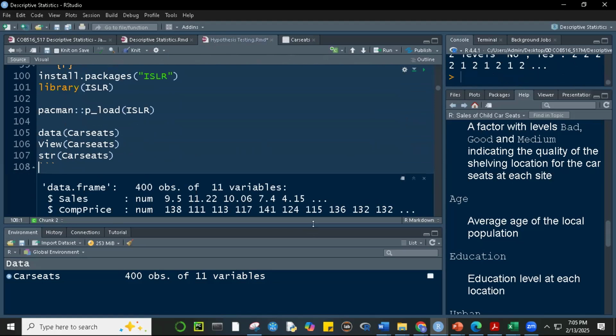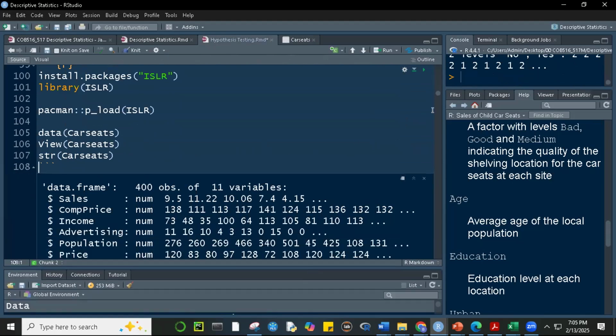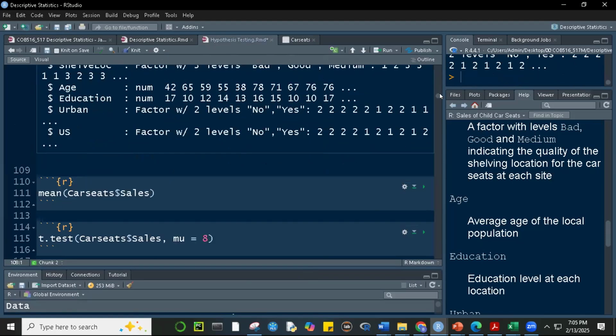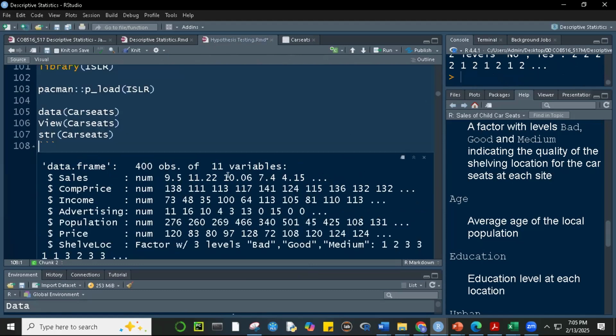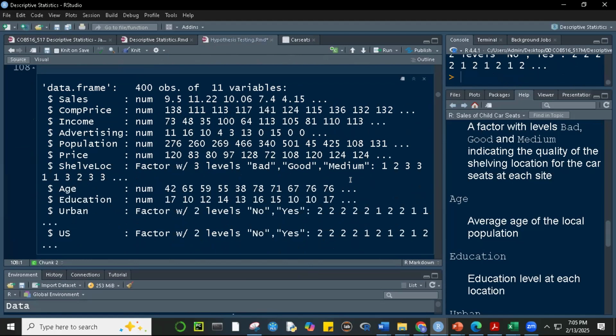So what type of data is this? This is a data frame with 400 observations and 11 variables. If you take a look at this, sales, you have numerical variables here, and then shelf location is a factor containing 3 levels.